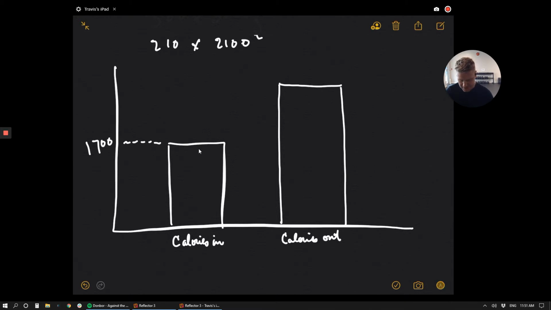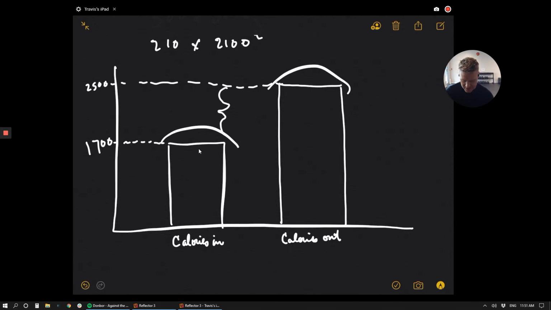So this distance here needs to be larger. So let's say this is 2500 calories out. So this is how much you're burning, this is how much you're consuming. This difference here is 800, right? So you're burning 800 more than you take in on any given day. Make sense?